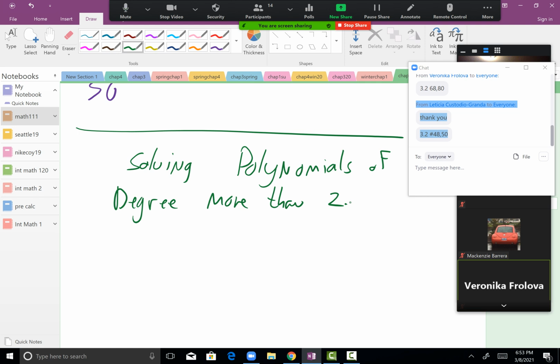Then, if you get to something that you're not sure how to do algebraically, you can always graph it. When you graph anything, the solutions are always going to be the x-intercepts. So whatever the x-intercepts are, those are going to be your solutions.